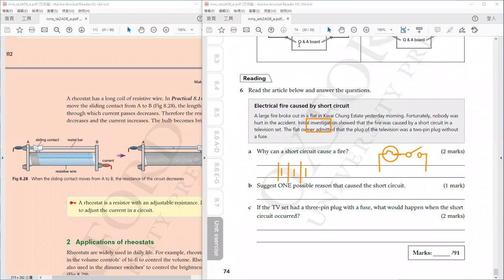Last question. Really, the last question. Why does a short circuit cause a fire? Because a short circuit causes a large current flowing through the circuit, therefore producing a great heating effect.